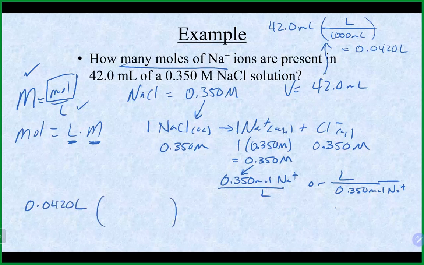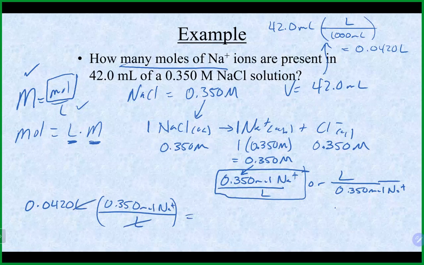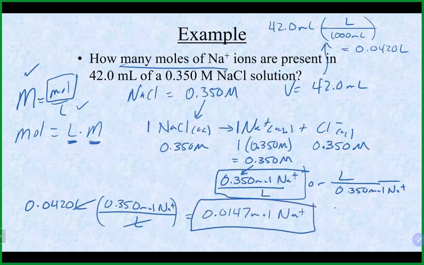We will use our molarity like this, where our moles will end up on top, which is what we're looking for. Liters will cancel, and that will get us 0.35 times 0.042, which is 0.0147 moles of sodium ions in this particular case.